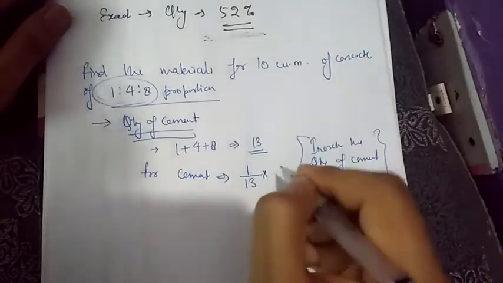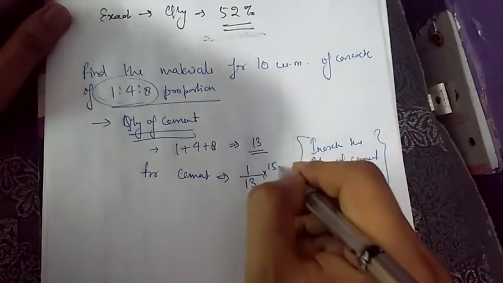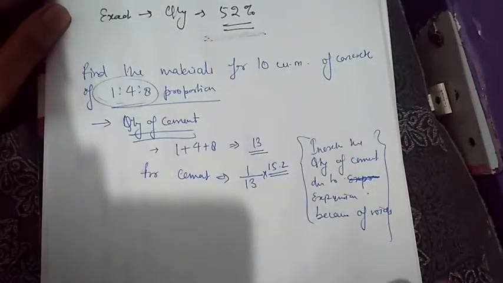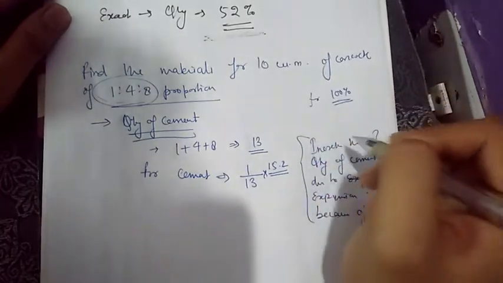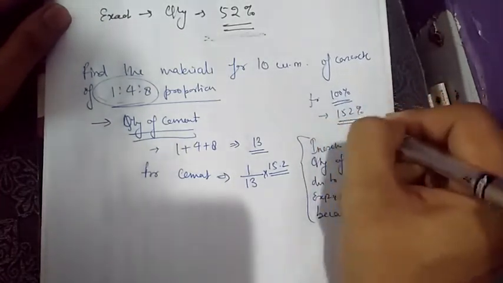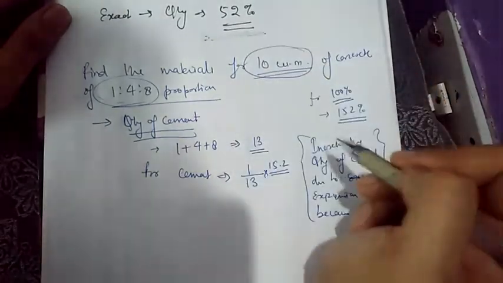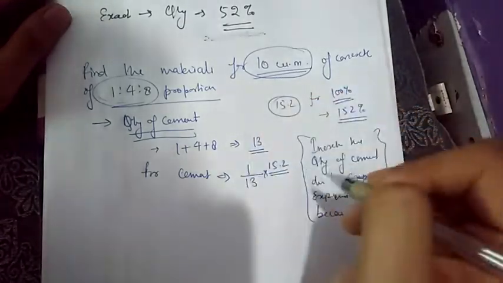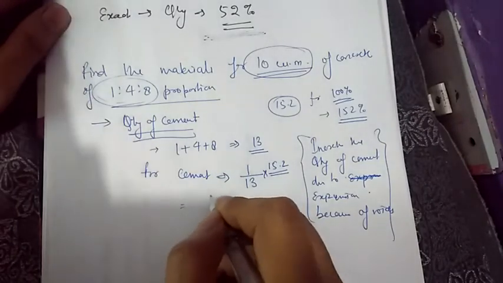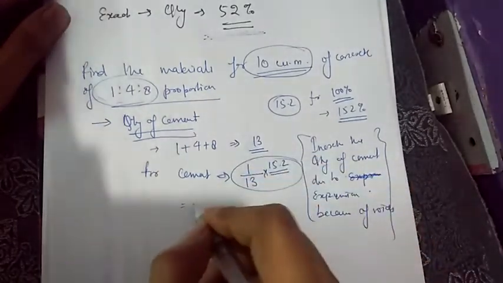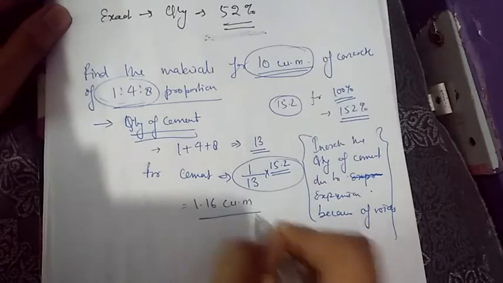So we are multiplying with a factor of 15.2, because for 100% it is 152%, hence we have to find out the quantity for 10 meter cube, so it is 15.2. Okay, so here we have the volume of cement. You should calculate this, and we get 1.16 cubic meter.